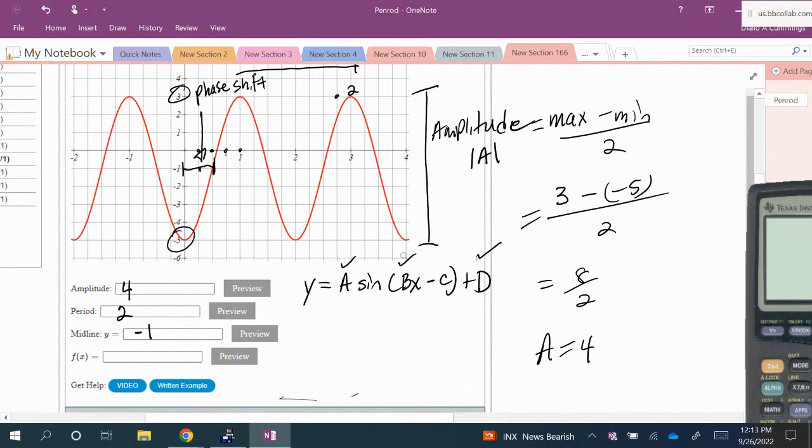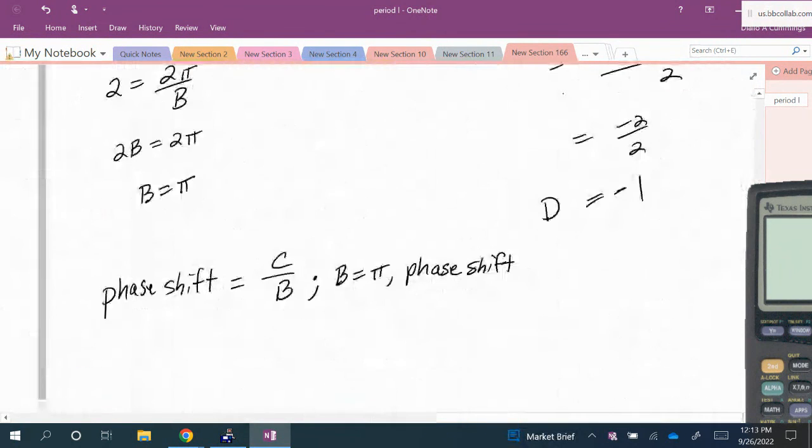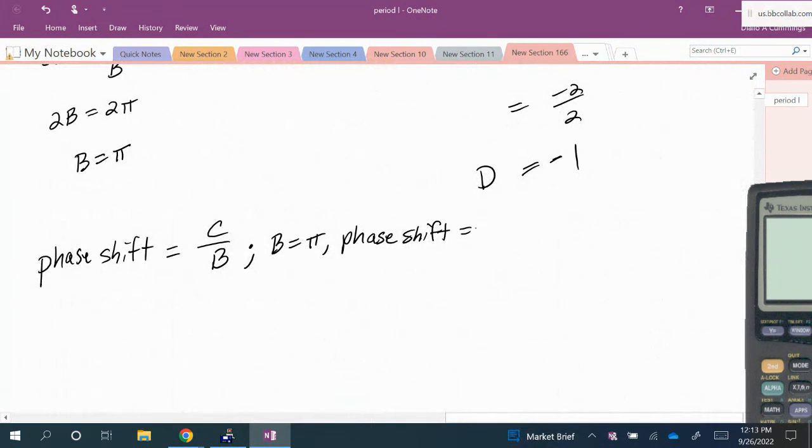So notice we have 1 tick mark, 2 tick marks, but 4 makes 1 whole unit. So our phase shift is actually 1/2, right? It was shifted over 1/2 units from the y-axis. So our phase shift is 1/2.